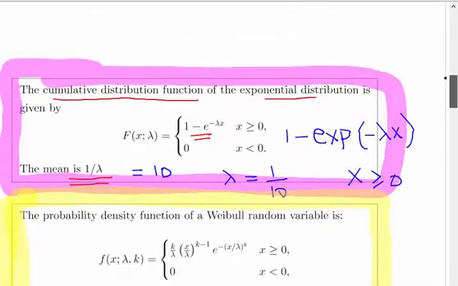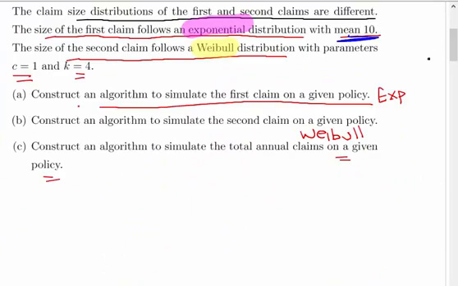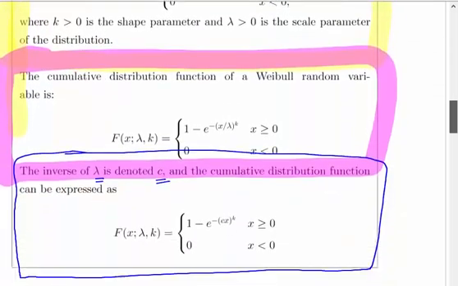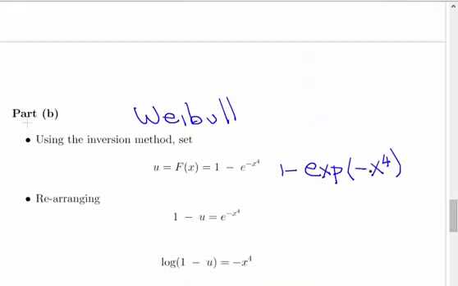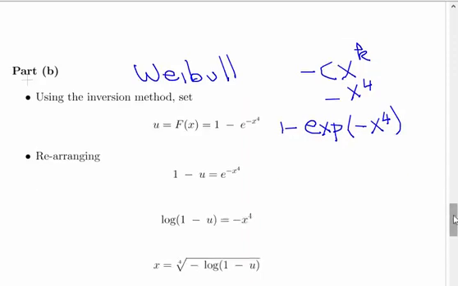What were we told? c is equal to 1, and k is equal to 4. So we don't really see c. So 1 minus the exponential of minus cx to the power of k; c is 1, so we get minus x to the power of 4.